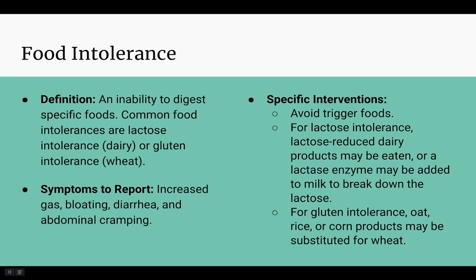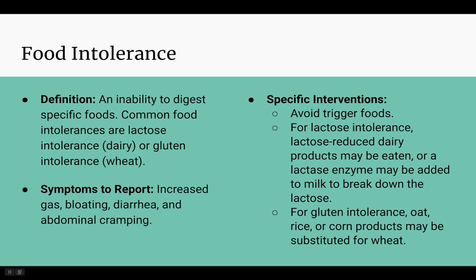Food intolerance. Definition: an inability to digest specific foods. Common food intolerances are lactose intolerance, dairy, or gluten intolerance, wheat. Symptoms to report: increased gas, bloating, diarrhea, and abdominal cramping.